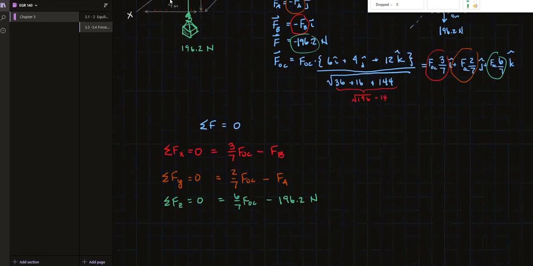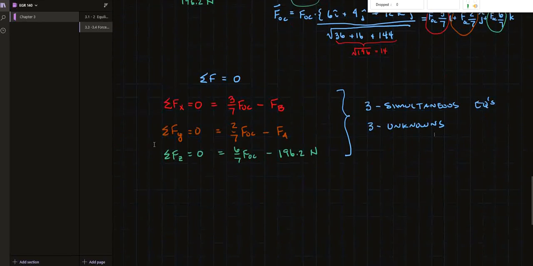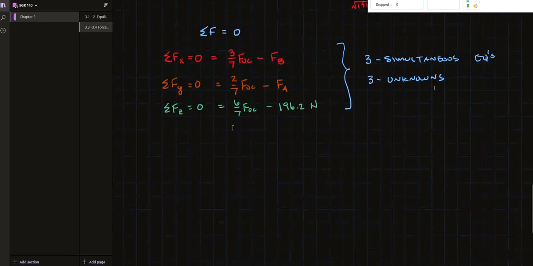So we look at this, we see we have 3 simultaneous equations and 3 unknowns. So we can solve this. Use your method of choice to solve this.